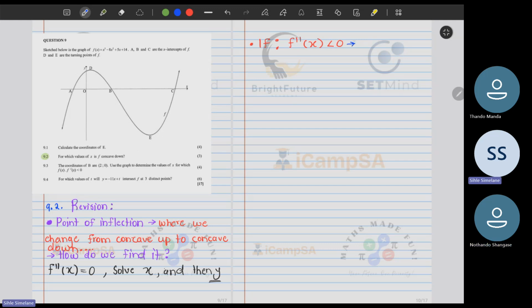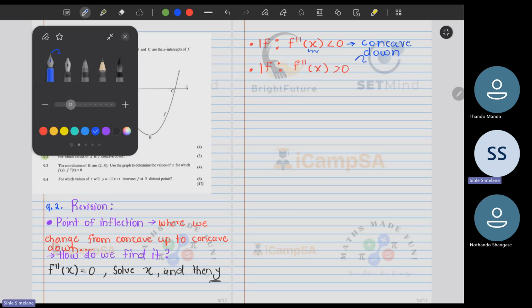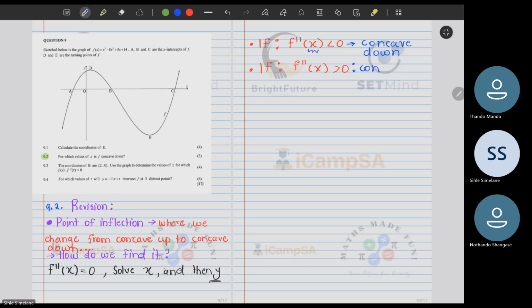Yep. So if our second derivative, if we make it to be less than 0, at that x value, it means that we are concave down. Okay. And equally so, if our second derivative at x is bigger than 0, then what we are going to have is concave up at the x value, whatever the x value is.